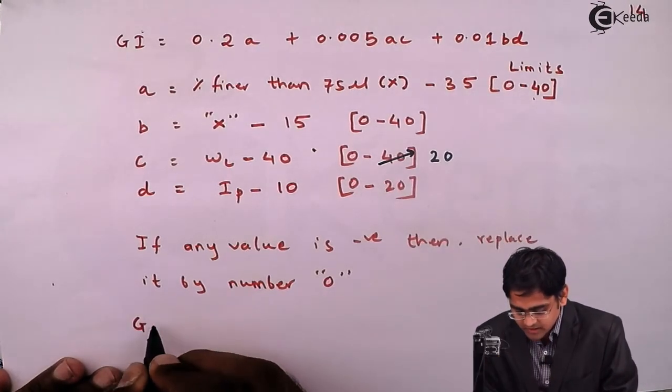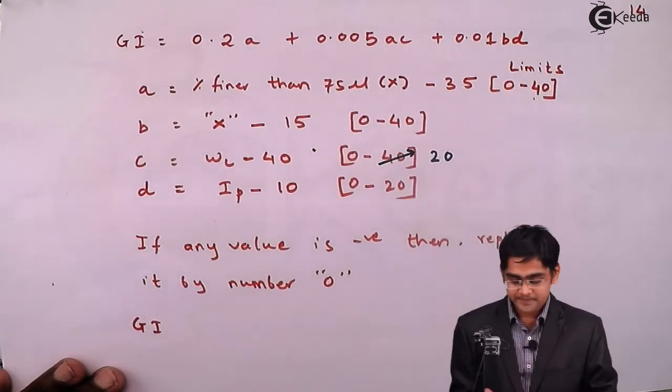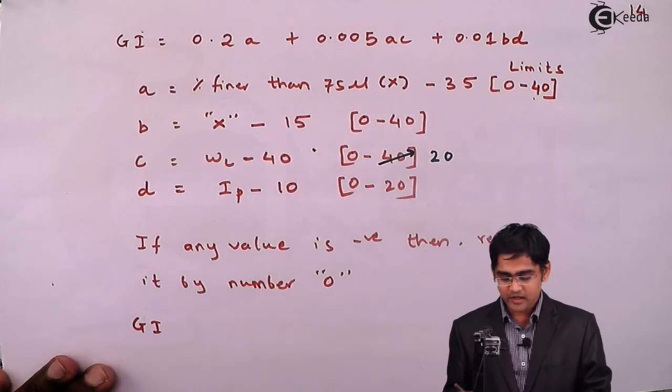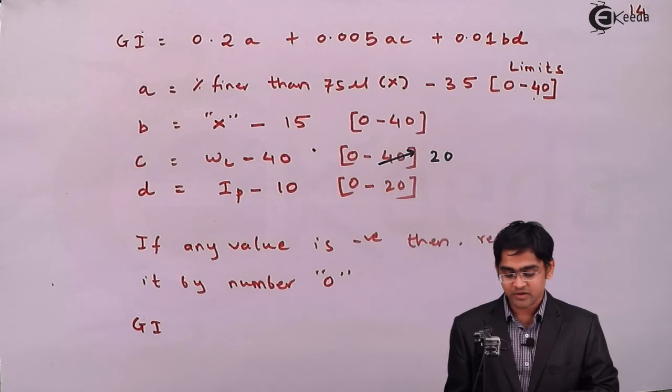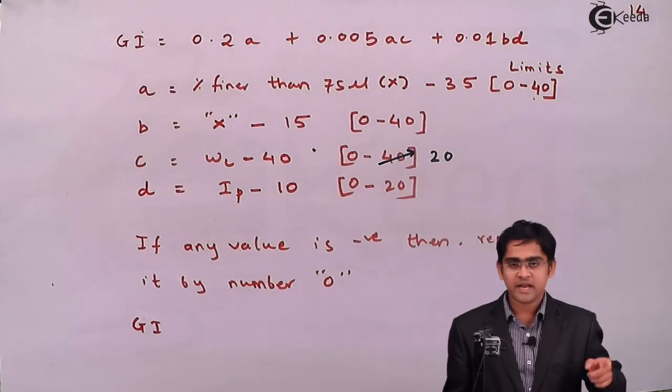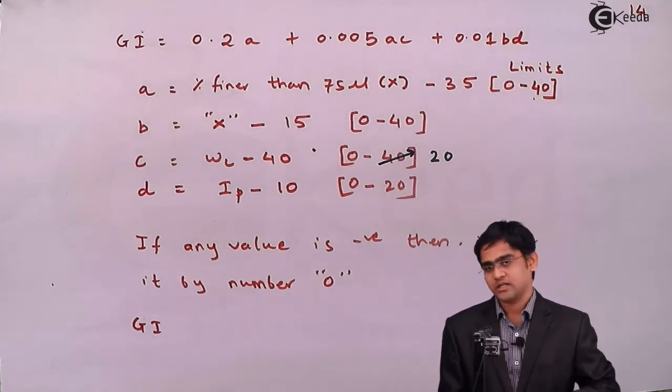So by evaluating GI, group index, you will be classifying a soil into all those 8 groups that we discussed in the previous slide, from A1, A2, A3 up to A8.